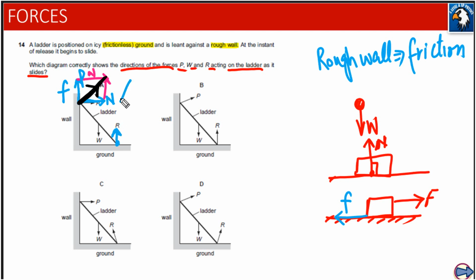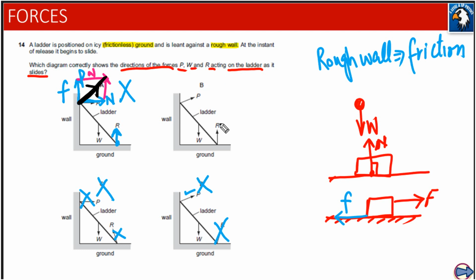A is not correct, as we have already seen. If you look at C, C is also not the answer because the direction of P is wrong and the direction of R is also wrong. Now if we look at D, the direction of R is wrong and the direction of P is correct, so this is also not our possible answer.